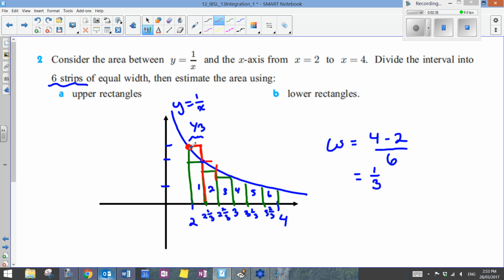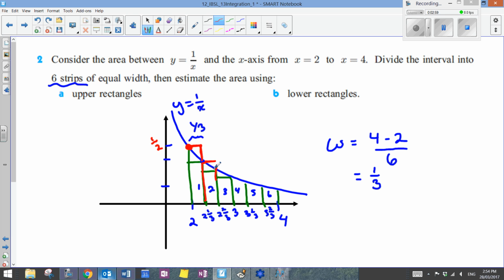So I would substitute the corresponding x value into my function. This first point has a y value when x is 2, so this height would be 1 over 2, or 1/2. That would be the height of this rectangle.